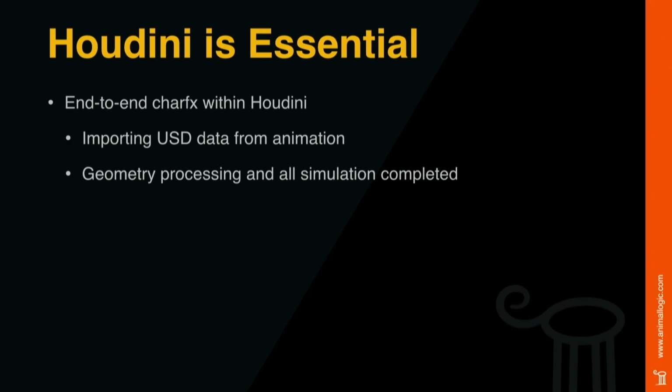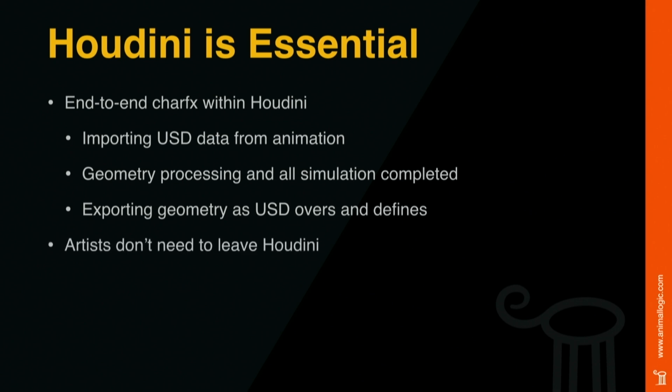And then at the end of that, we export that data as USD overs and defines. And what it means is that the artists never need to leave Houdini. They can stay within that one context of working. And we found that that amount of automation is really only possible with that procedural nature, combined with the amount of Python we can write and some fairly sophisticated ROP nets that we're going to look at a little bit later.